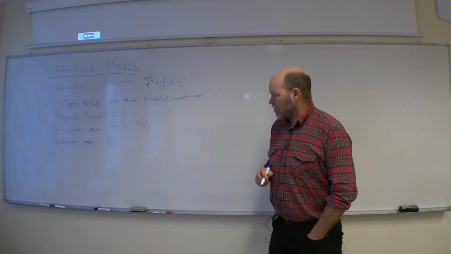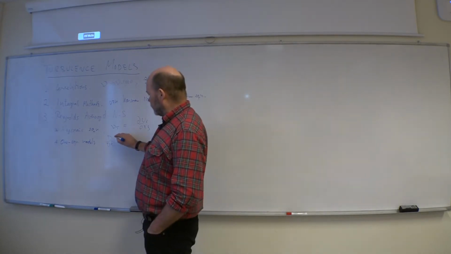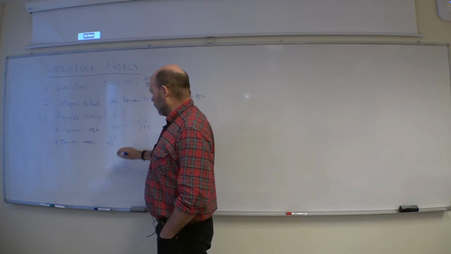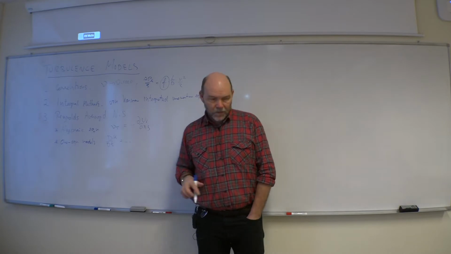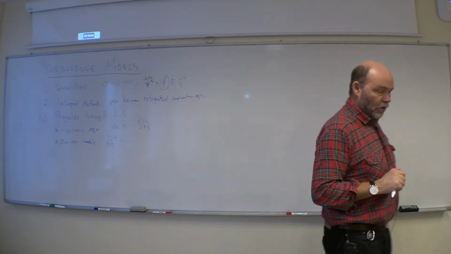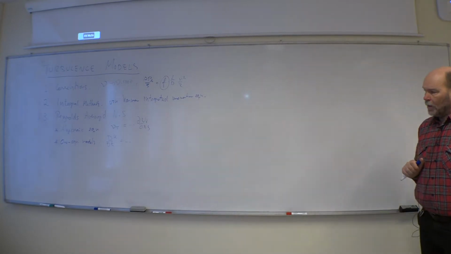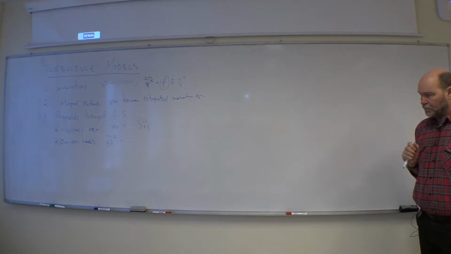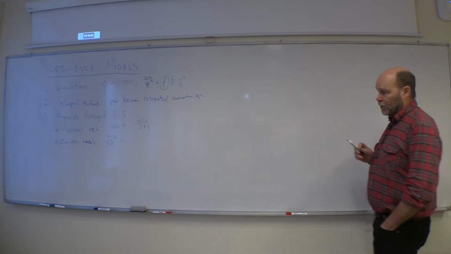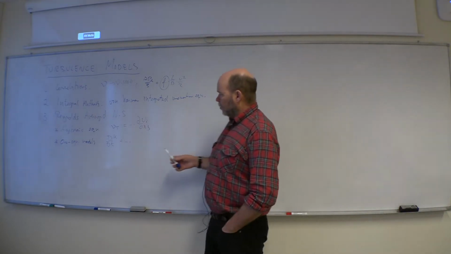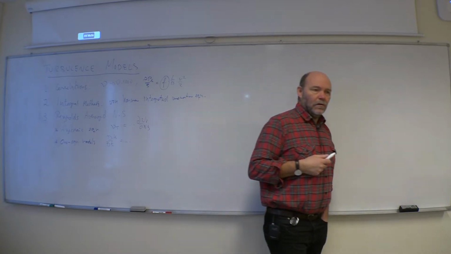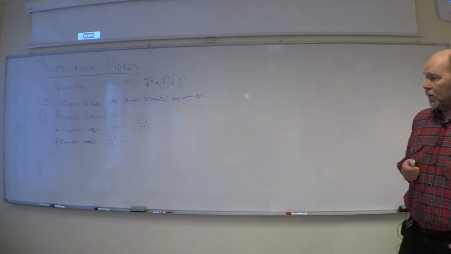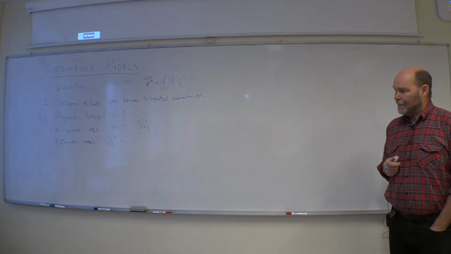And for one equation models, you have several of these: a transport equation for the turbulent kinetic energy, a transport equation for the eddy viscosity, stuff like that. But only one transport equation. Spalart-Allmaras, very popular one. Only one transport equation, but it can describe several turbulent problems quite decently.